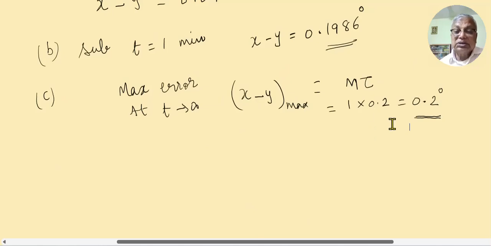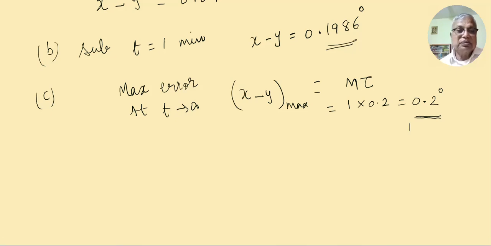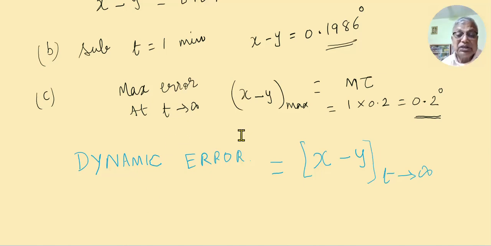This maximum error has a name: it is known as dynamic error. This difference between the indicated and the bath temperature, the maximum value of which happens at infinite time, is known as dynamic error.